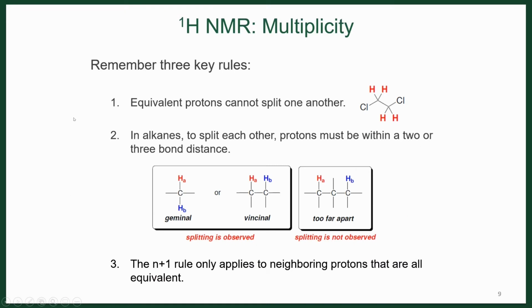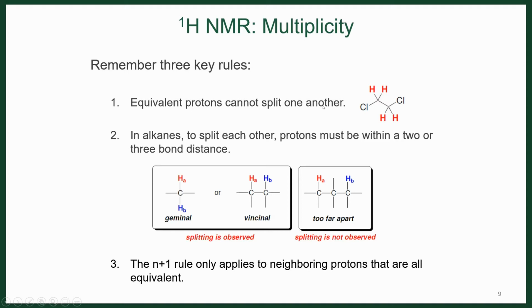So a couple of things that you should keep in mind with multiplicity. When protons are equivalent, they cannot couple to one another. And so in this molecule here, which is symmetric, and these hydrogens are the same as those hydrogens, no coupling is observed because they're the same hydrogen species.